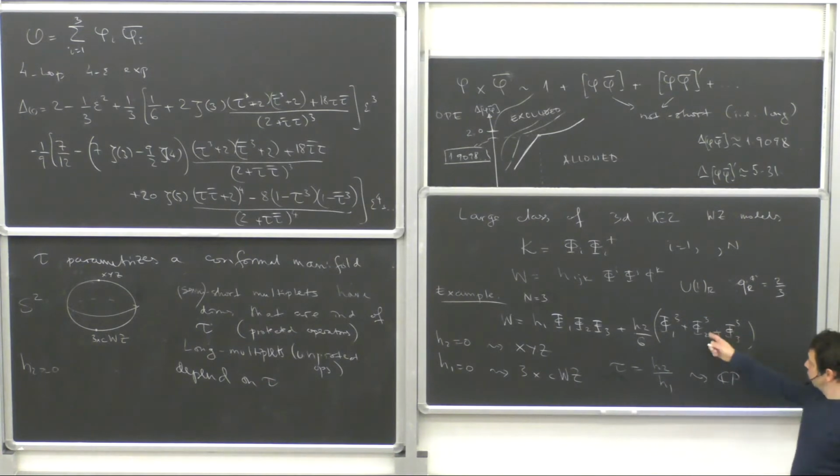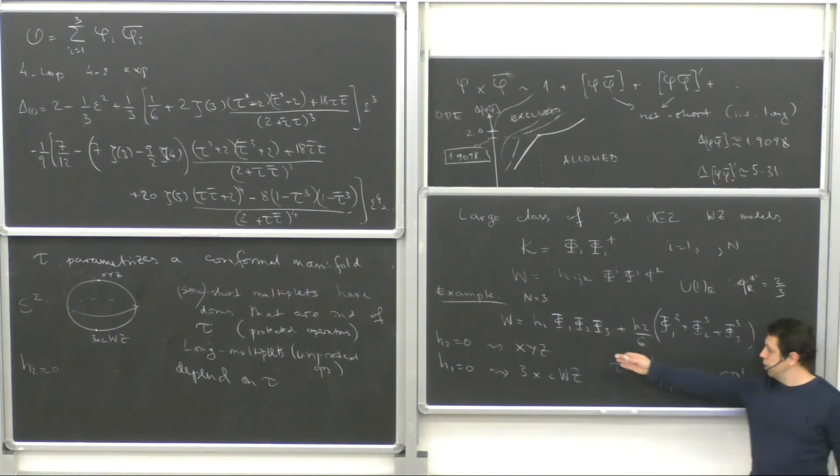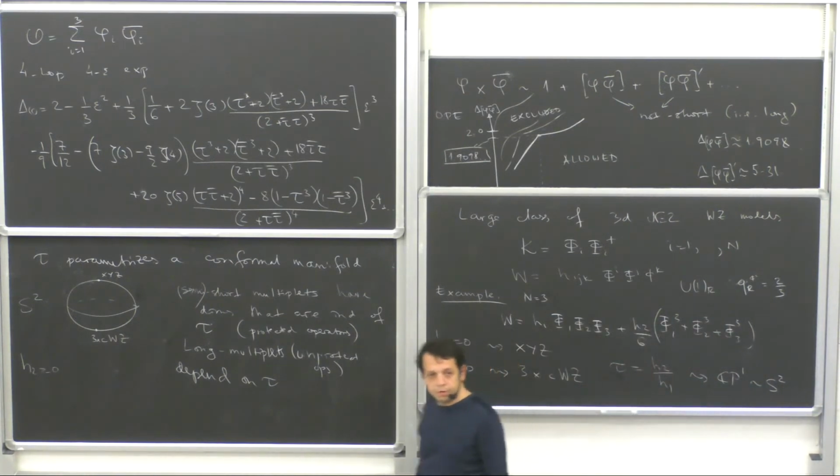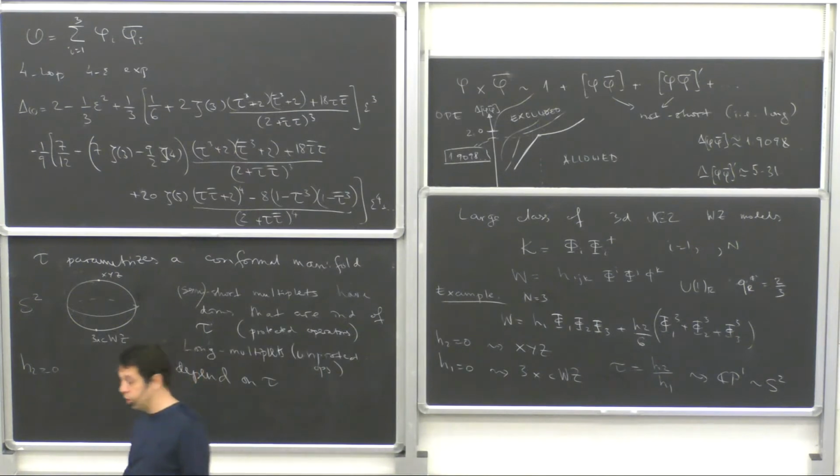Giving charge 2/3 to each of the fields makes W have R charge 2, which was our convention for the normalization of the R charge of the superpotential.